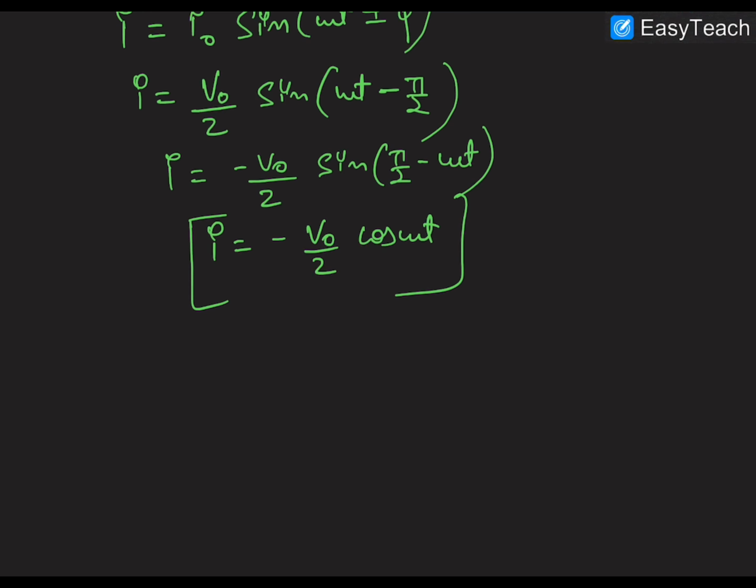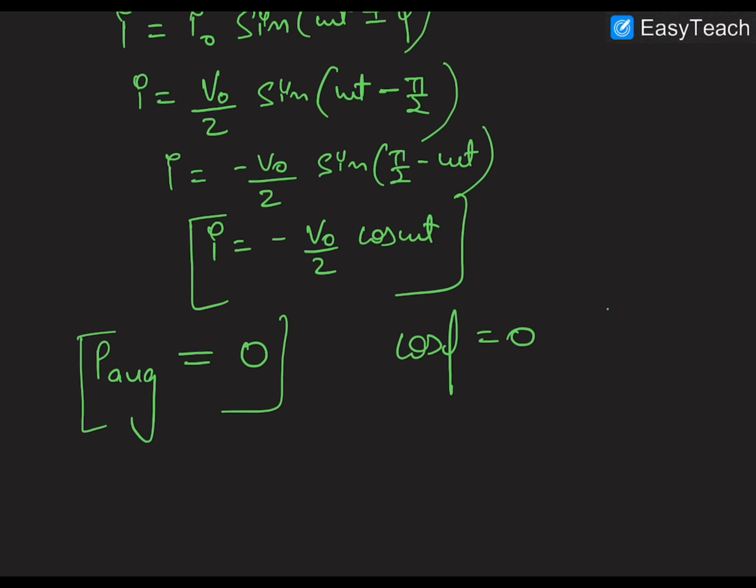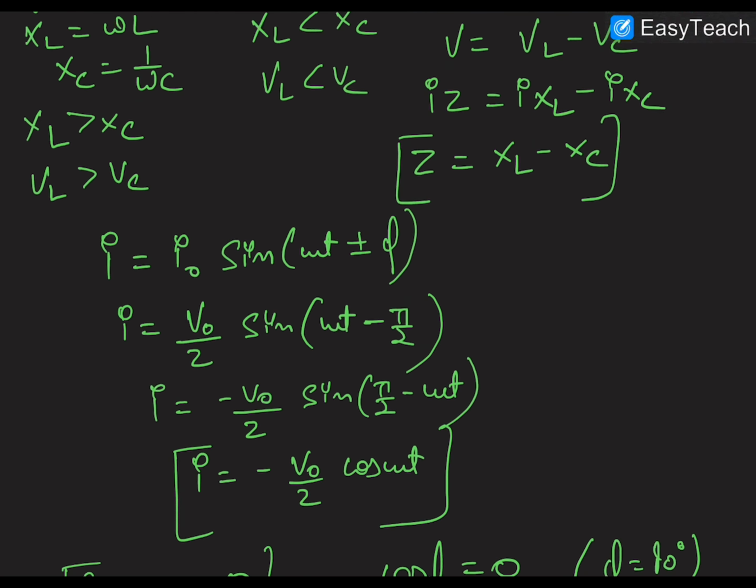If you talk about the power, the average power loss will obviously be equal to 0 in this circuit. It is very clear that it would be 0 due to the fact that cos phi, which is the power factor, is 0, as phi is 90 degrees here. So the average power loss in the circuit will be 0.